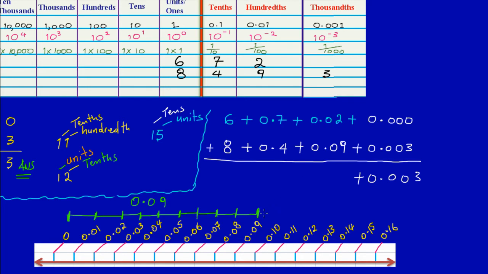So from 0.09 I'm going to move 1, 2 places. Okay, and here I have moved 0.02 places. Okay, so I can say then 0.09 plus 0.02, I have stopped at my 0.11.